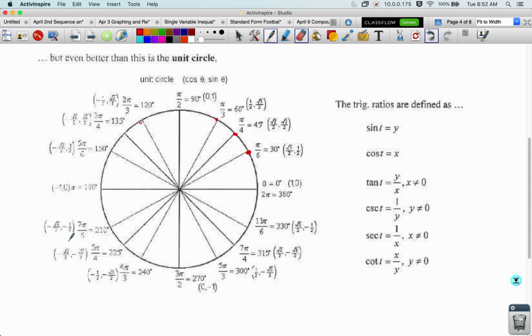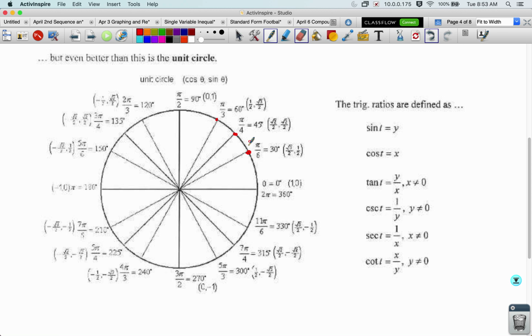But then you can just look at it to figure out sine, cosine, tangent, whatever. These are kind of useful to remember. Sine, I don't know why they're using t here, that really should be a theta. Sine of theta equals y, cosine of theta equals the x value. So this is how I would do it.